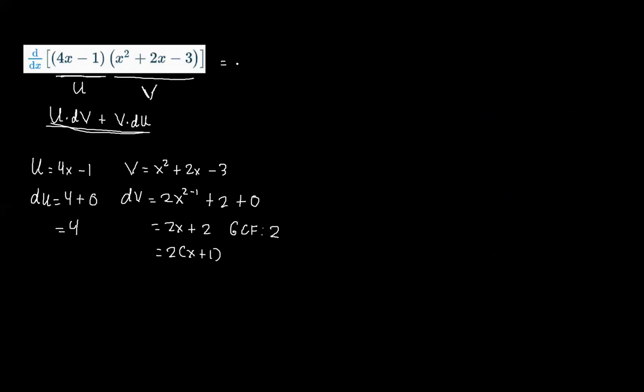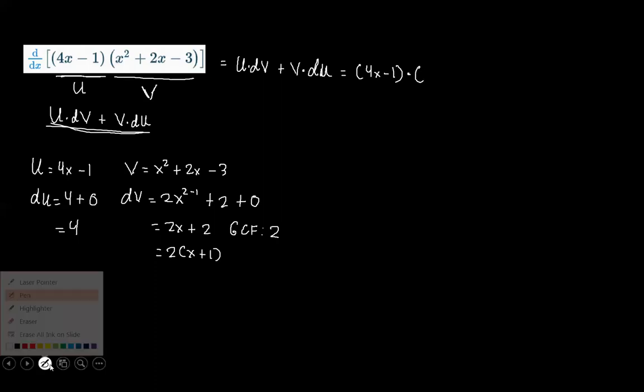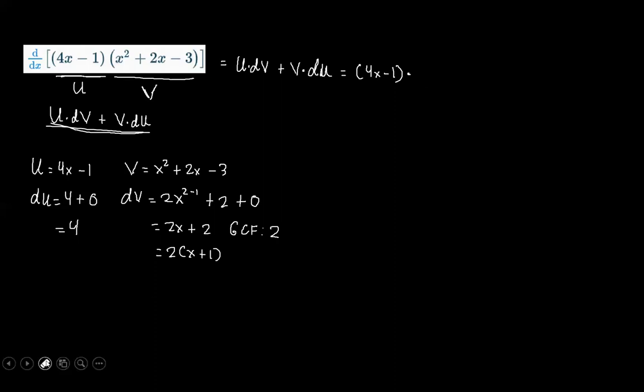So rewrite this one. This would be u times dv plus v times du. Okay. So your u here is 4x minus 1, times your dv, which is 2 times x plus 1.